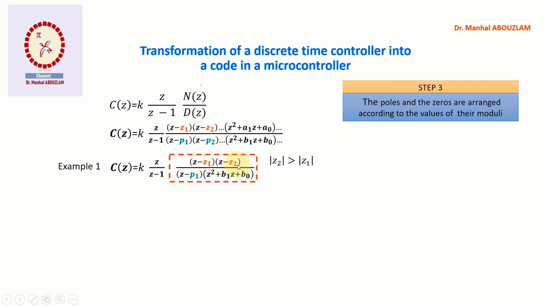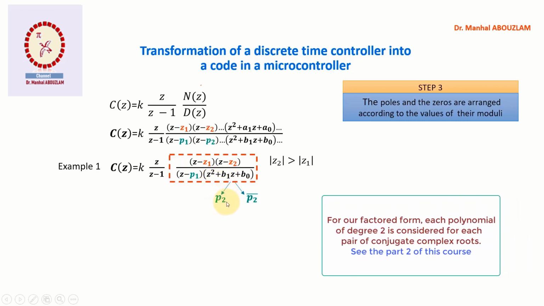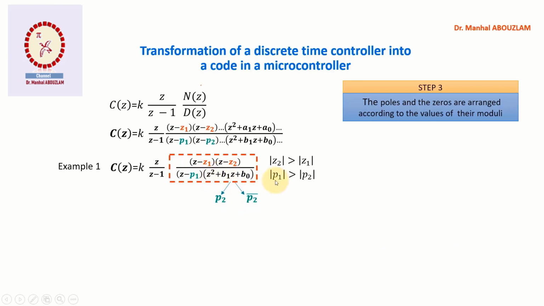For the numerator, we suppose that the modulus of z2 is higher than the modulus of z1. And for the denominator, we have here a polynomial of degree 2, so we have two complex conjugate poles. For the denominator, we suppose the modulus of b1 is higher than the modulus of b2.